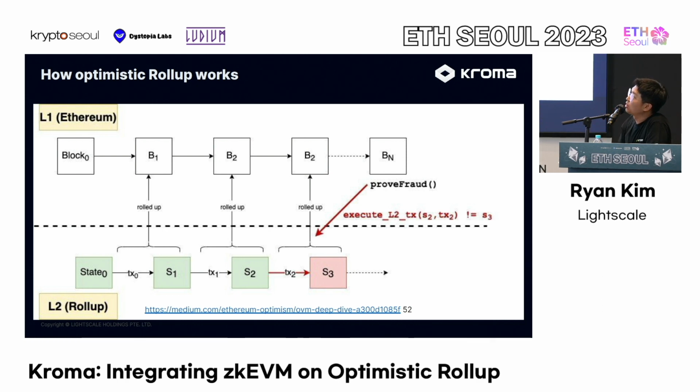In order to run the function, you need two ingredients, which, as you can see, are state 2 and transaction 2, the previous state and the transaction for the next block, right? Please take note that it is required to access both the previous state and the transaction.